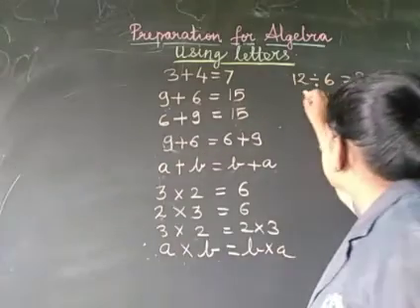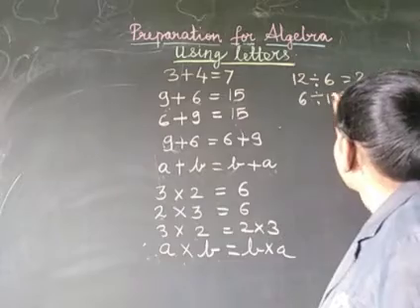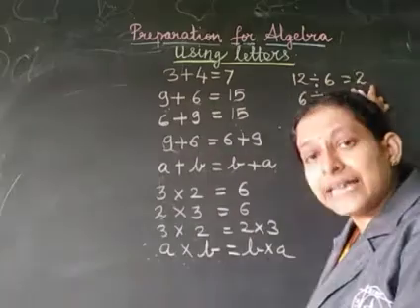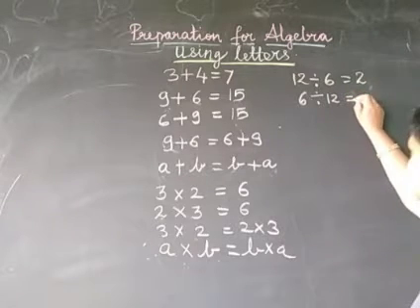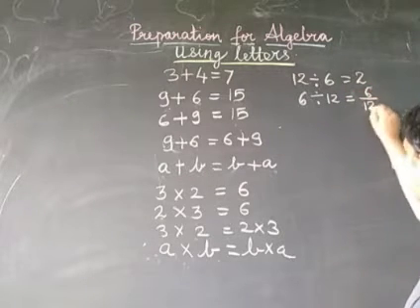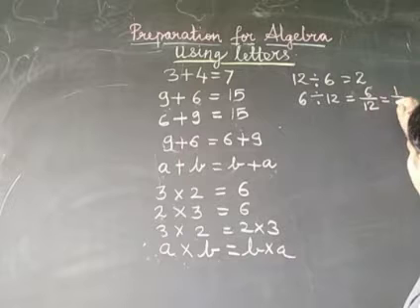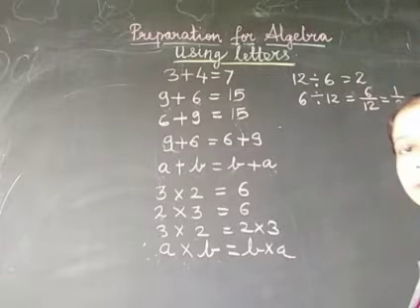But can we divide 6 by 12 and get the same answer, 2? No, my dear students, we will get 6 upon 12, which is nothing but 1 upon 2. Is 2 equal to 1 by 2?